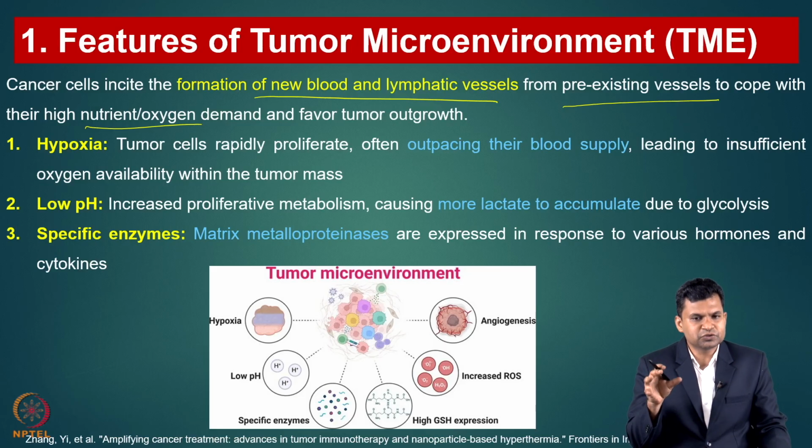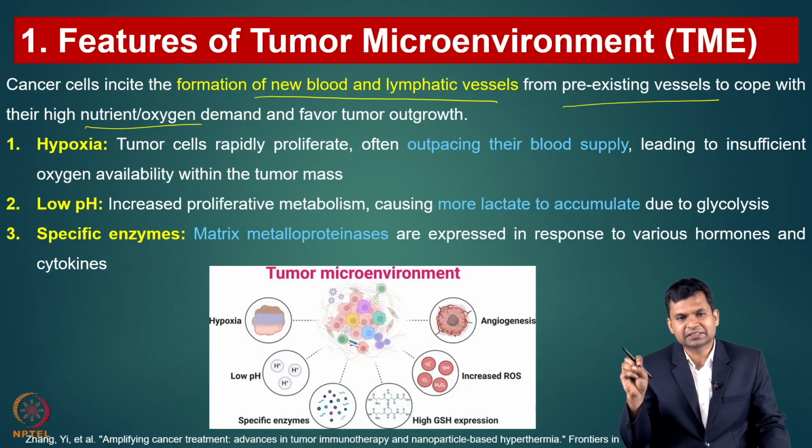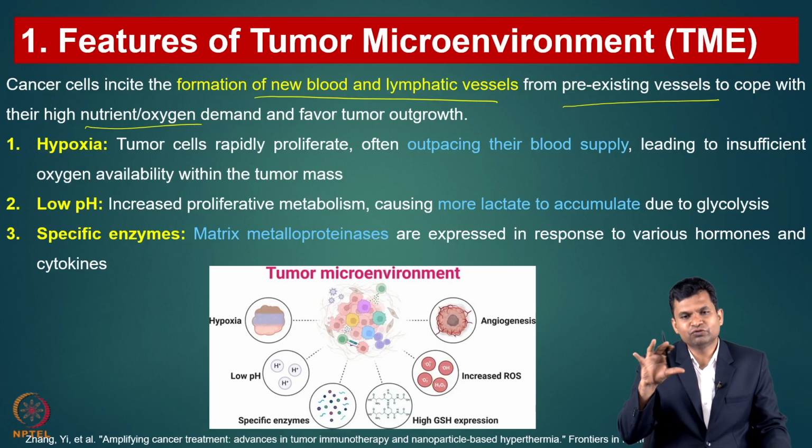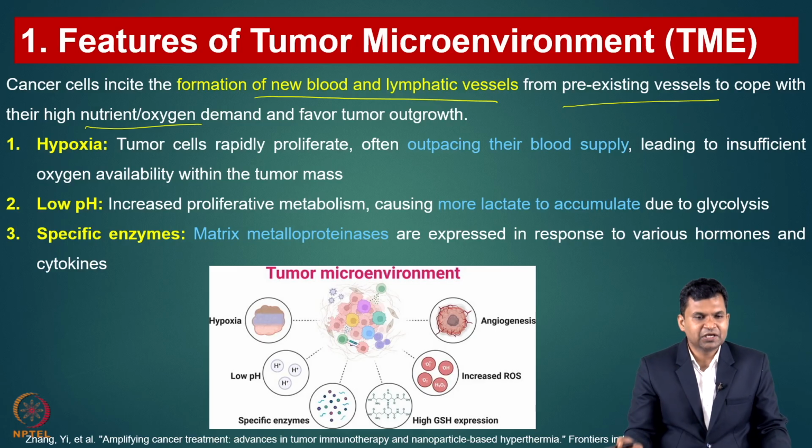Now, when a cell converts from normal to cancer by internal changes, and we compare normal cells and cancer cells, we see a few changes in the cells. That will help us to target the tumor cells. In that, we are going to see a few features of the tumor microenvironment.